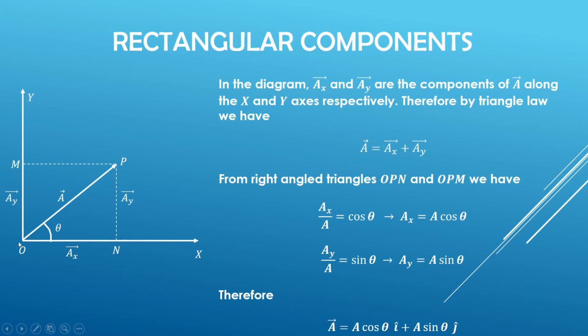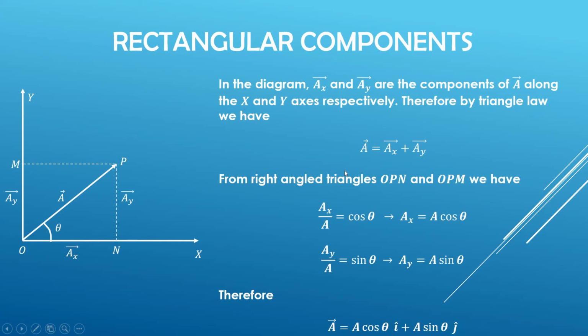From this, we can use the triangle law of vector addition to write A vector in terms of AX vector and AY vector. So we have resolved this A vector along the x and y axes.